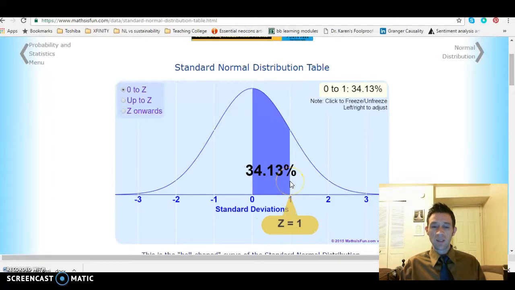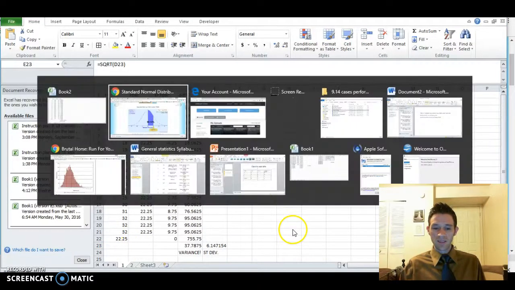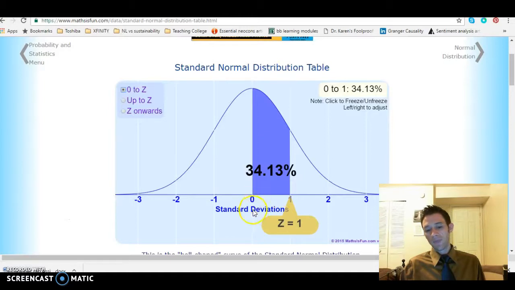34.13% between 0 and 1. So if we take the average speed, that's 0, 22.25 is going to be right here at 0. This is your mean right in the middle. Remember, we talked about that last week.